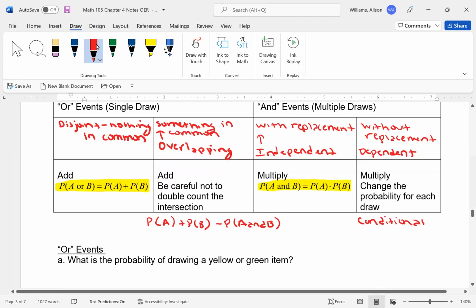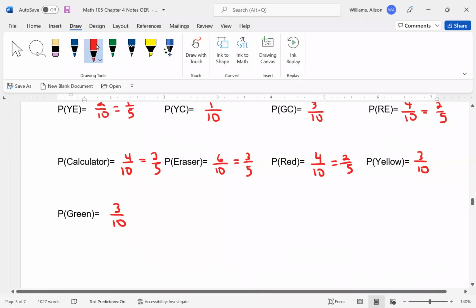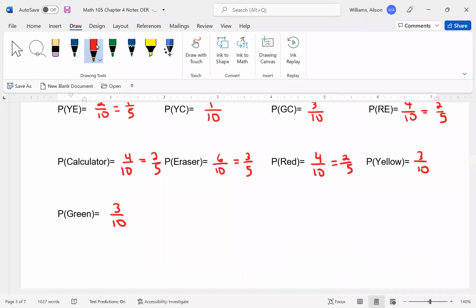Okay, so what's the probability of drawing a red item or an eraser? Coming back up here, we have 4 out of 10 red items, and for erasers, there's 6 out of 10. However, in this particular version, we do have overlap. So even though we're doing or, this is an example where we have to worry about the overlap, that they have something in common, because we have 4 red erasers, 4 things that are both red and an eraser.